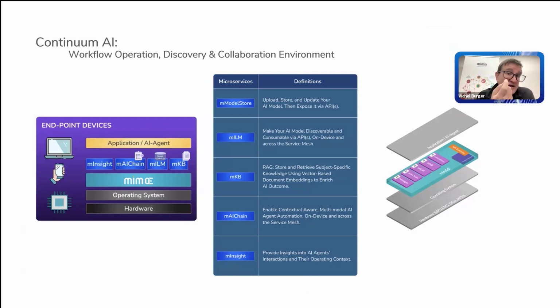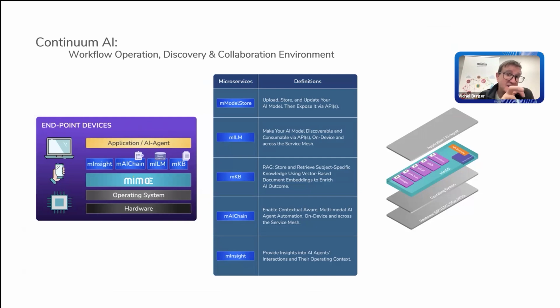MKB is the knowledge base. It's a lightweight vector database for RAG. That's where you implement a RAG and make AI smarter with embedded knowledge retrieval. So now you store your embeddings in MKB in order to be able to retrieve them if needed.